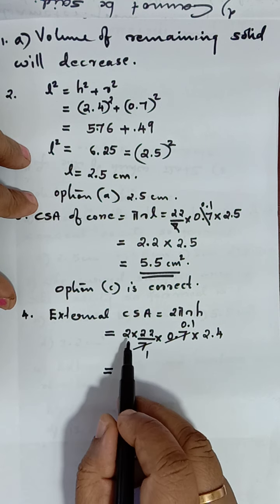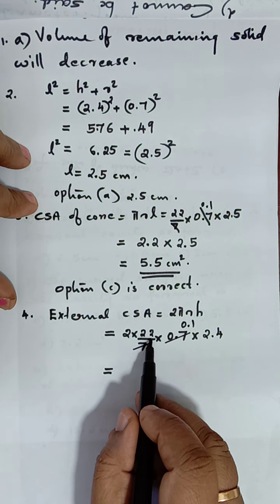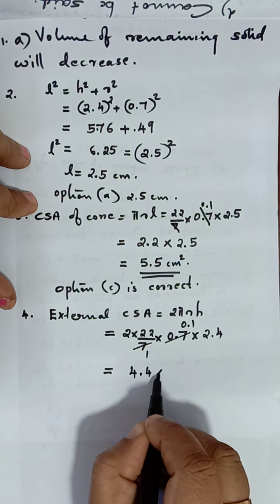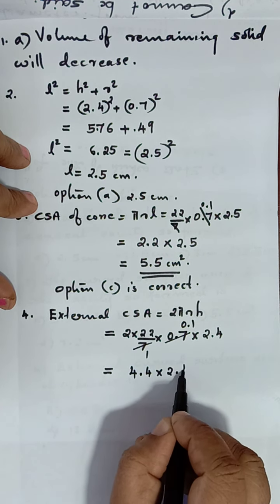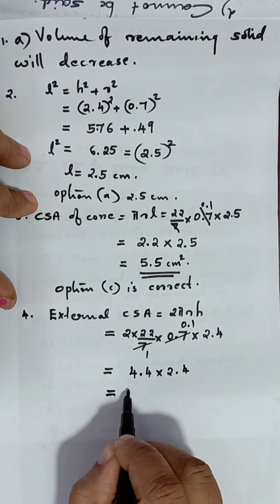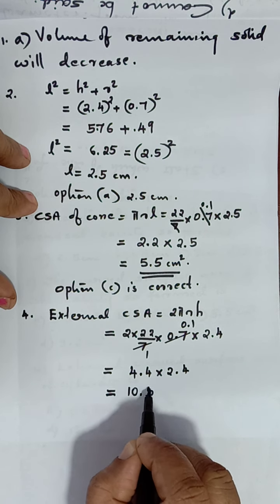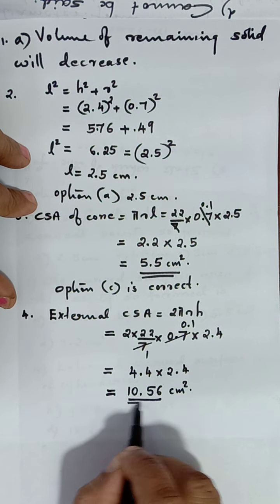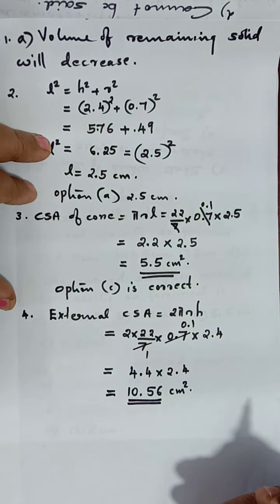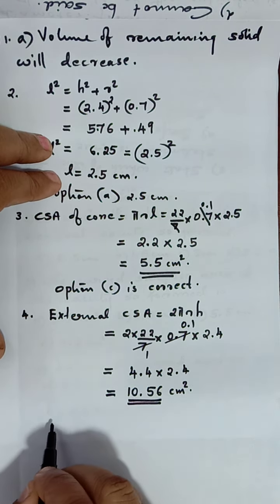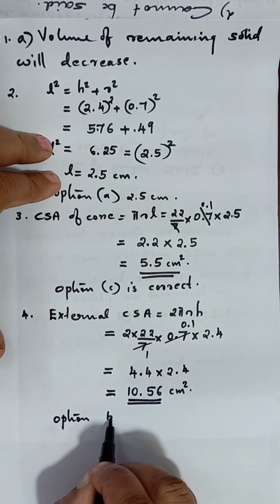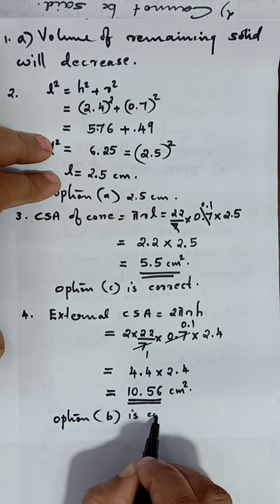Let us multiply 2 into 22, 44. 44 into 0.1 is 4.4 into 2.4. Multiply, you will get the answer 10.56 cm square. Do the multiplication in the working column very neatly. Therefore, you have to check the option. Option B is correct.